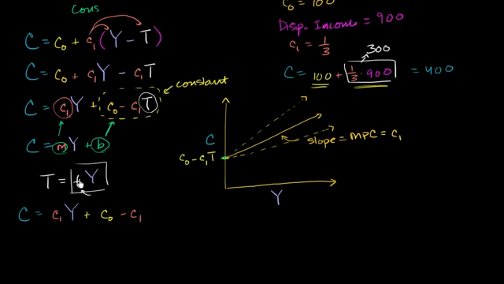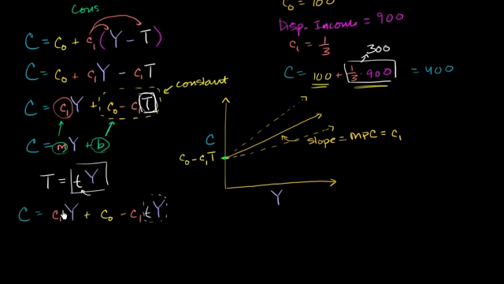So the tax rate times aggregate income. I took this, instead of writing uppercase T, I wrote lowercase t times aggregate income, and they should be the same thing. But now we've expressed T as a function of aggregate income.